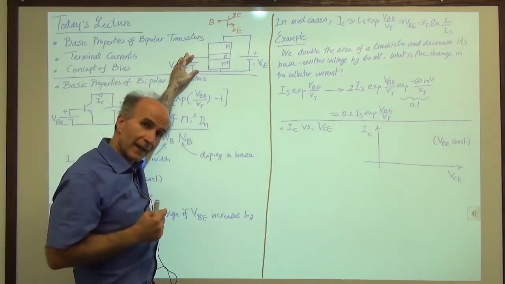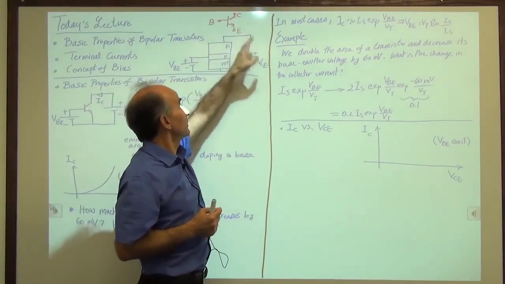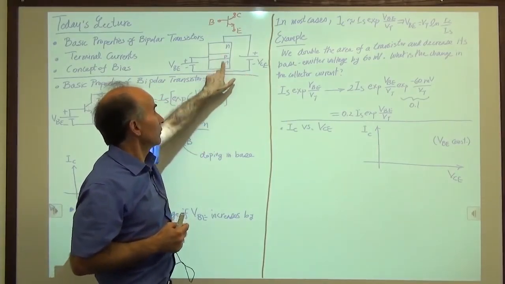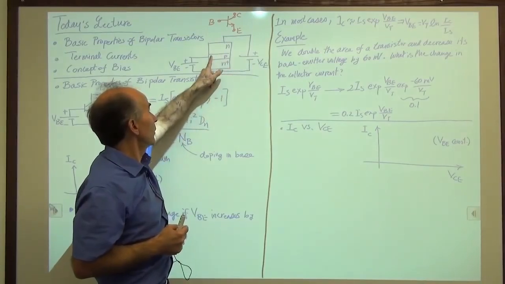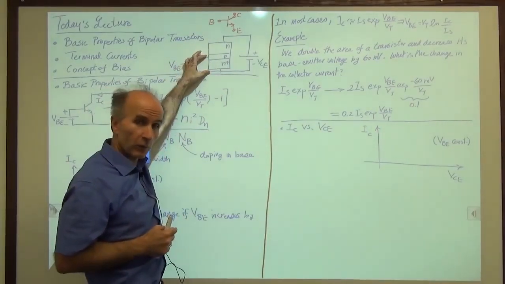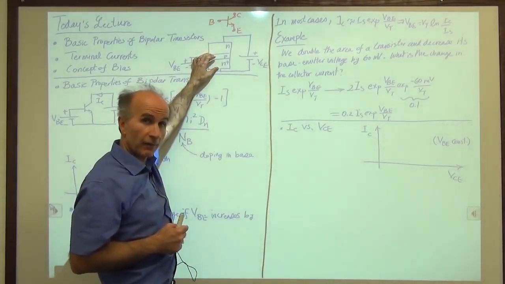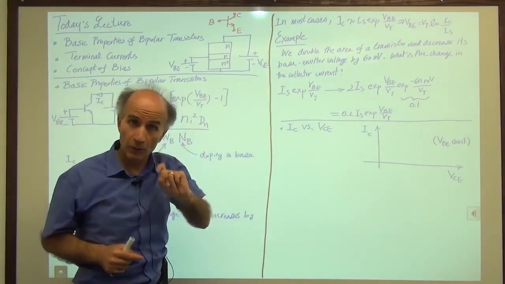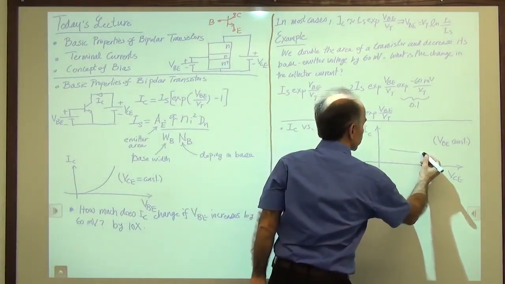So our intuition says that when the collector voltage goes up with respect to emitter, we shouldn't affect the flow of electrons here. These electrons are flowing this way, and some holes are flowing this way because of this forward bias junction, this forward bias that we have applied across the junction. So we should not see much effect from the voltage up here. So to the first order, what we should see is a constant value.